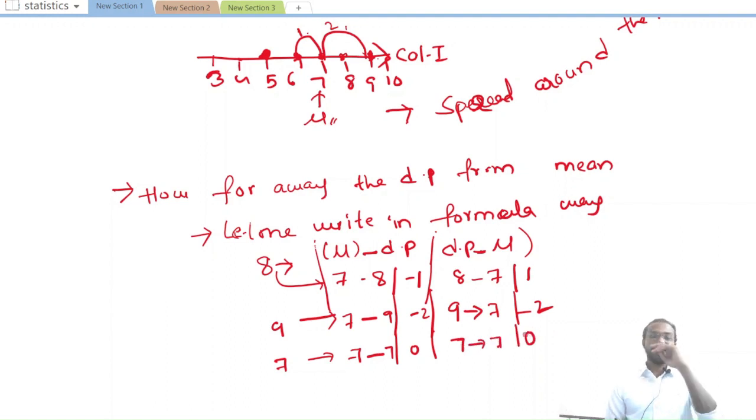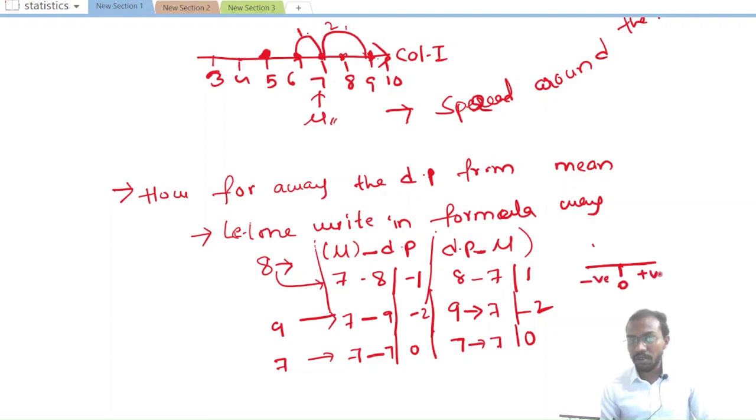So when we look at the number line, this is 0, this side will be negative values and this side will be positive values. If we choose this terminology, the data looks correct in manner: negative values on this side, positive values on this side.